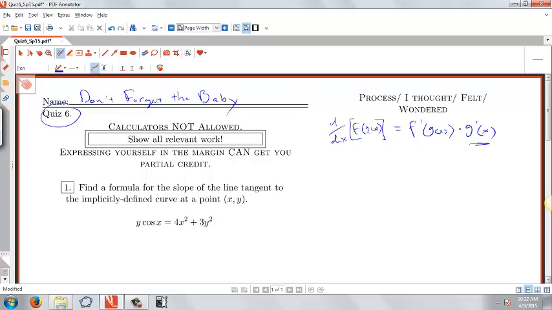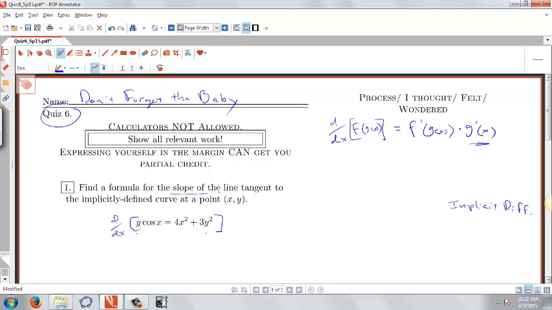Here, I have a situation where I've got a y on both sides of some equation. This tells me I'm going to use implicit differentiation, which means I'm going to take the derivative of both sides with respect to x. Okay, why am I taking it with respect to x?